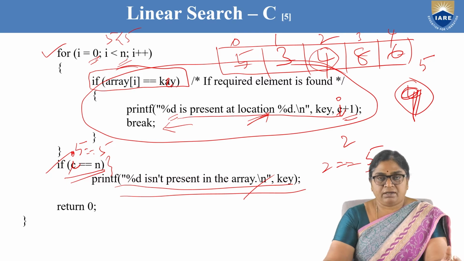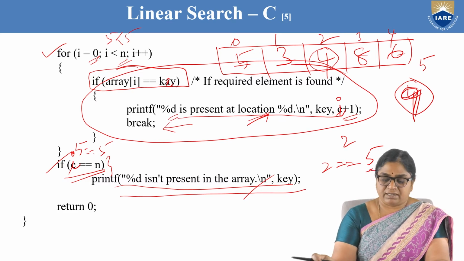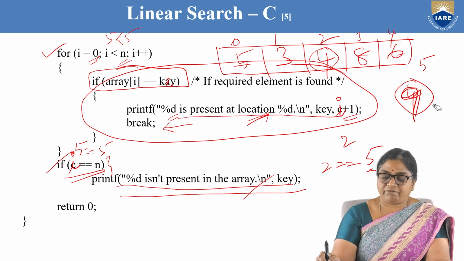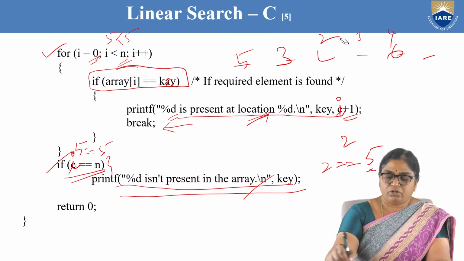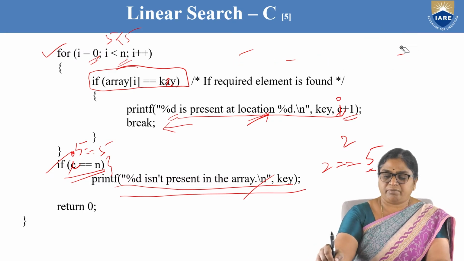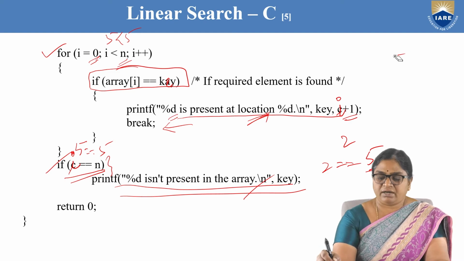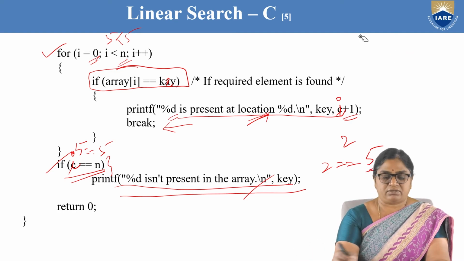That means without using functions we can write the code in Python, as well as using functions in C. Those two things are left as an exercise for the viewers. Those who are interested can implement linear search using functions in C language and without using functions in Python.